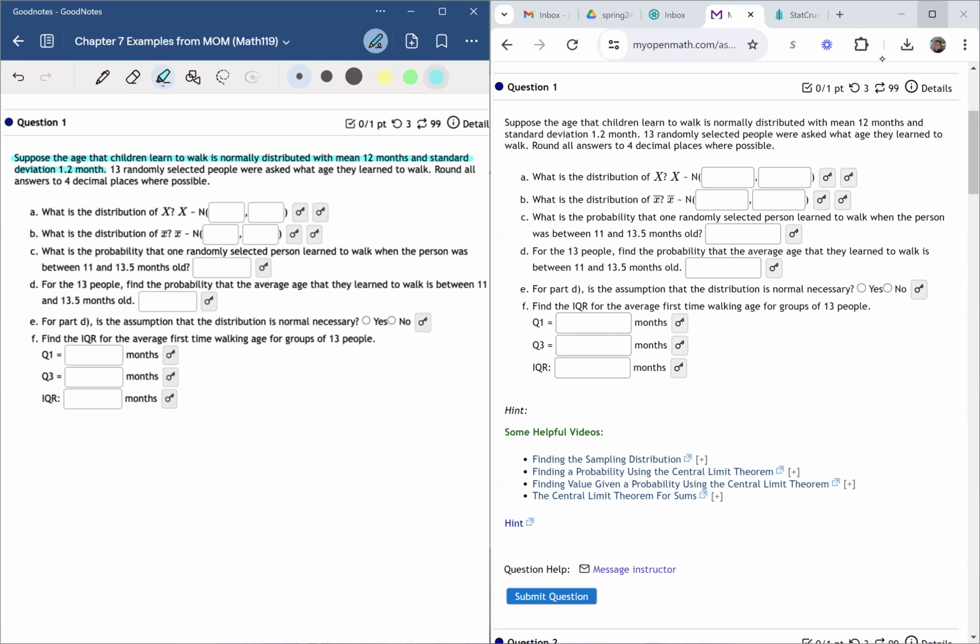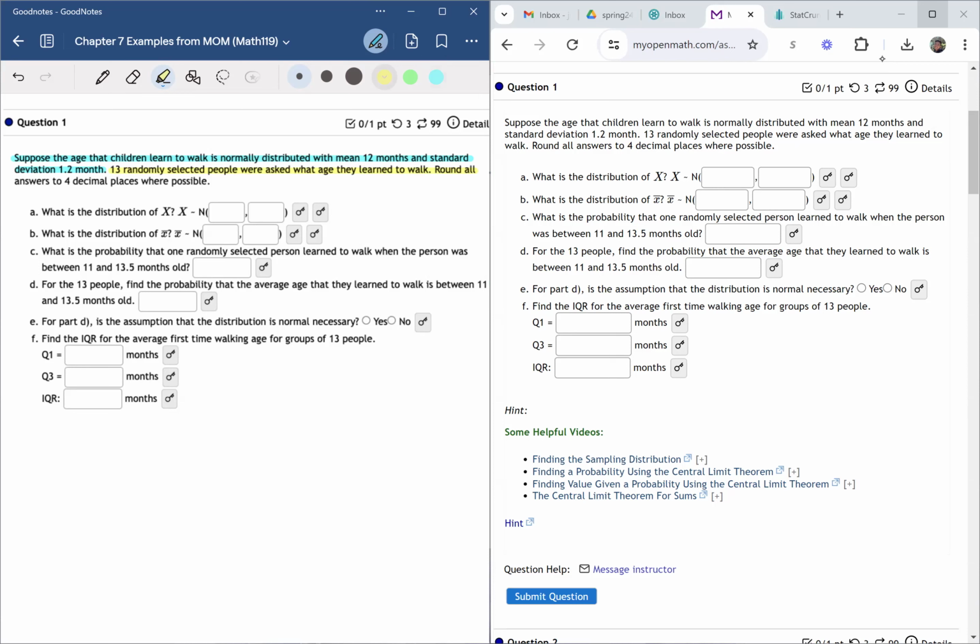We take a bunch of individuals and we look at their distribution. But what's different about this question is now we're taking a sample of the population and taking their mean. And that's where that second piece of information comes into play, right? So 13 randomly selected people were asked what age they learned how to walk.